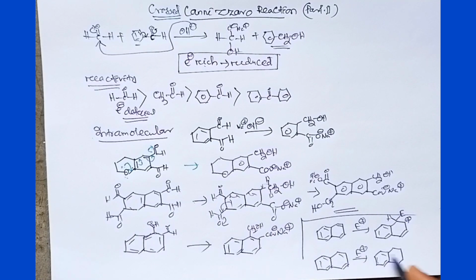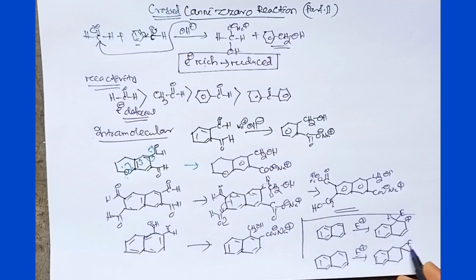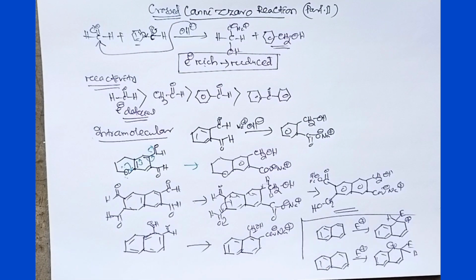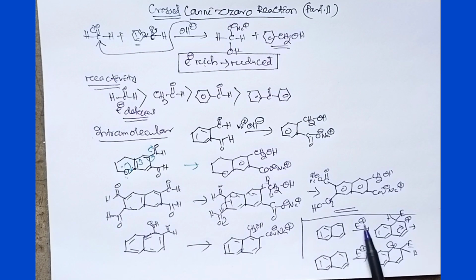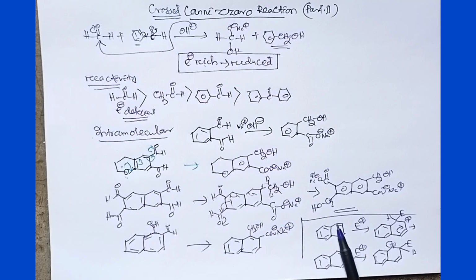Now the structure will be alpha, beta. And you see here you can draw one more resonance structure, but here we are not able to draw the resonance structures because it does not undergo conjugation. So in electrophilic substitution reactions, the electrophile needs electrons, so it will get electrons from this position in a more favorable way than this beta position. Are you getting my point?